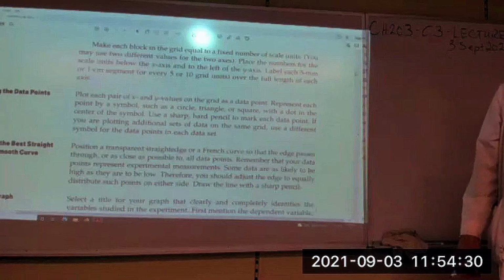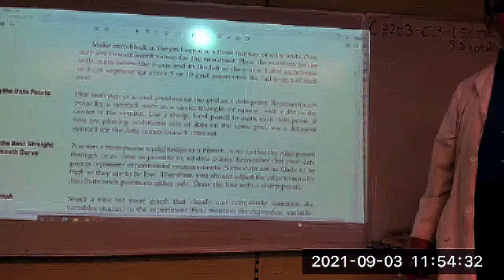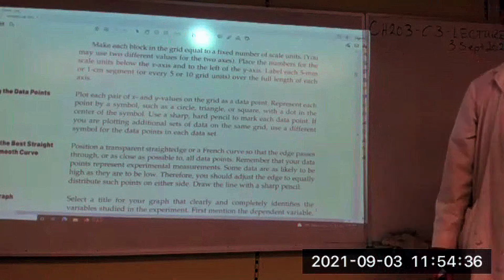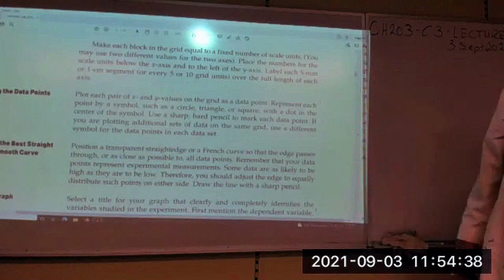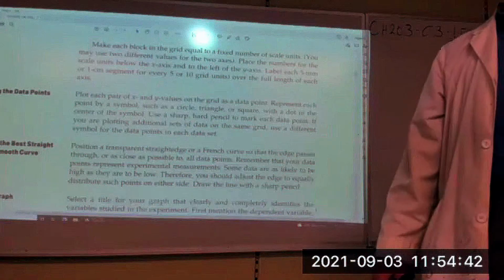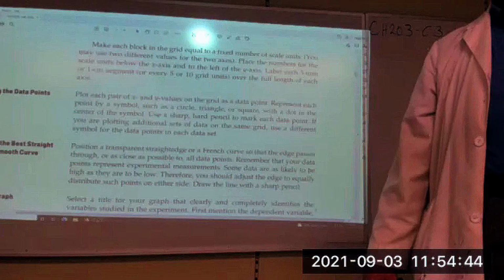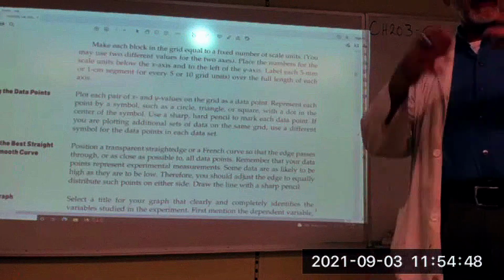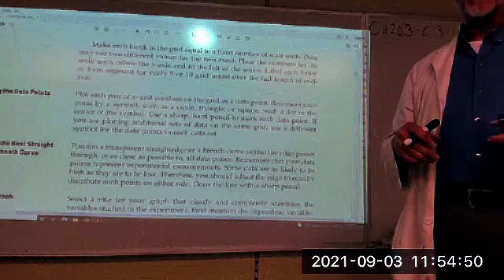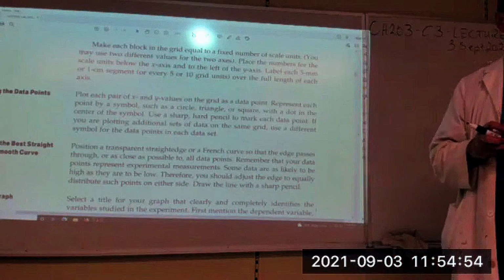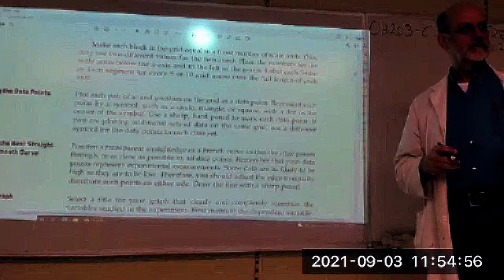In fact, you can make data points look like circles and squares and stars, whatever you want. If you have Excel and you want to play with some of these things, that's great. In fact, I have some students that take the data and plot it in Excel, and then they print it out and staple it there. So instead of drawing it by hand, they let Excel do it for them, which is okay. Do it either way.